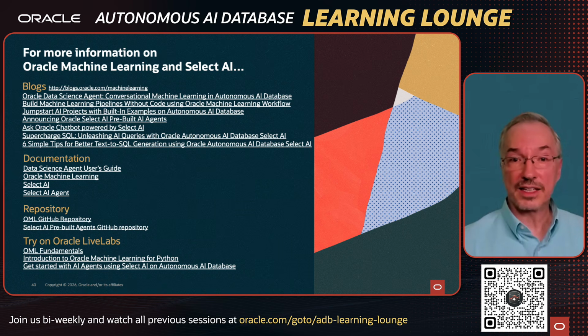There are also Select AI pre-built agents that may be useful if you want to explore or take advantage of such agent-based workflows. And finally, Live Labs give you a hands-on way to get started with Oracle Machine Learning and the Select AI agent framework. And a Data Science Agent Live Lab is currently in the works. So stay tuned for access to that.